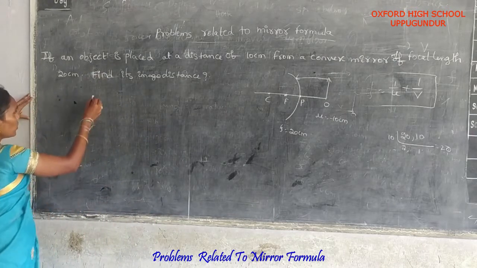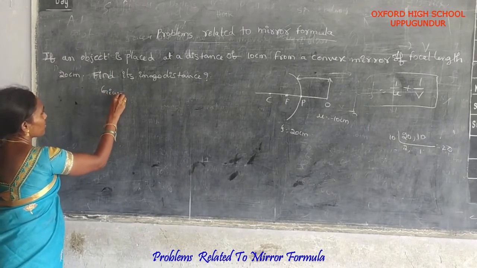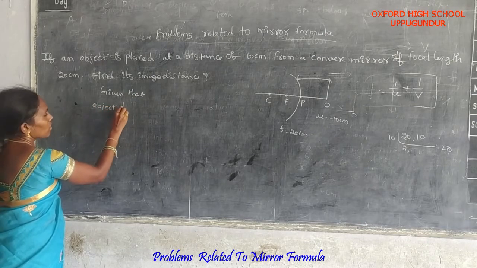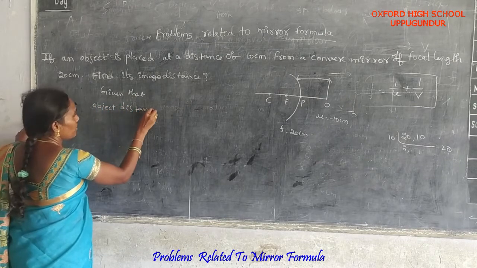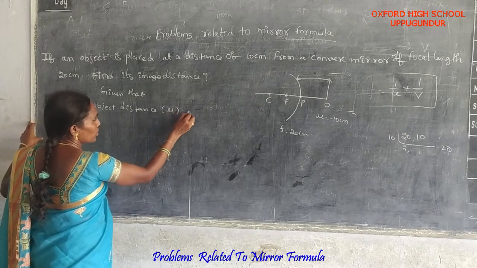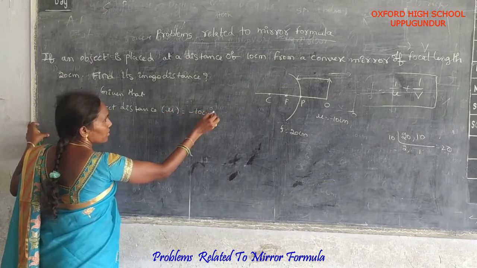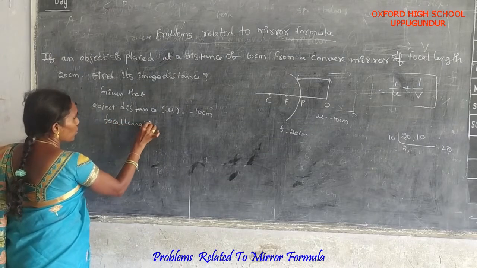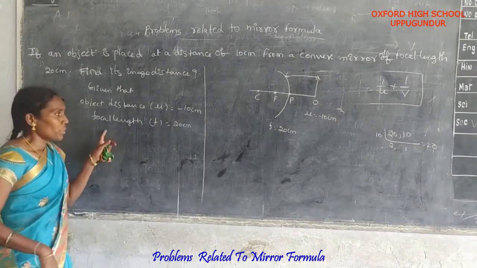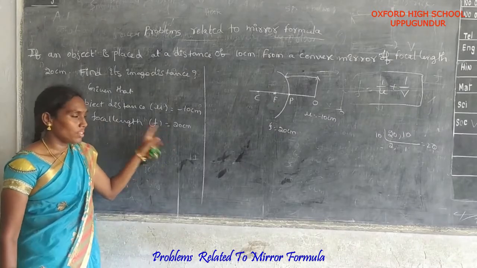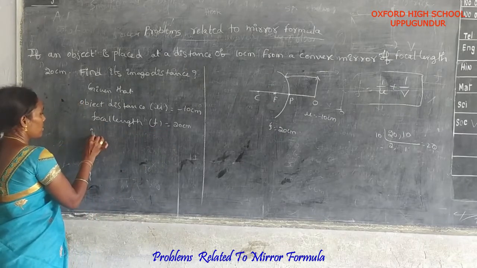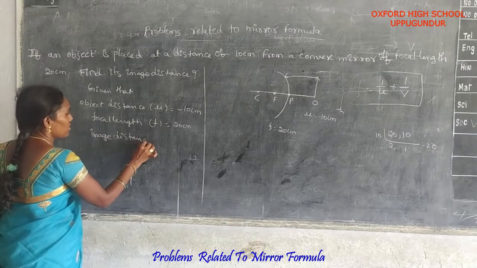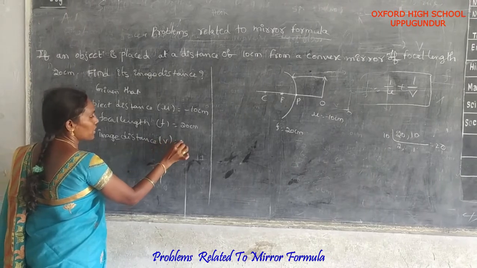First, given that object distance is 10 centimeters. Object distance is represented by the letter small u, is equal to minus 10 centimeters. And next, focal length, small f, is equal to 20 centimeters. Our required value is the image distance. Image distance is represented by the letter v.